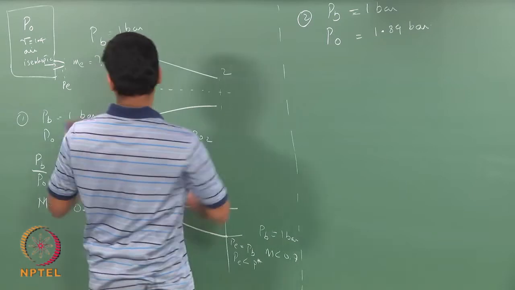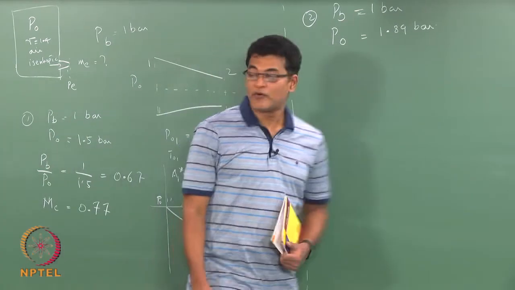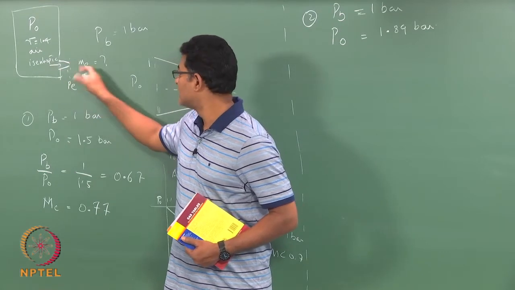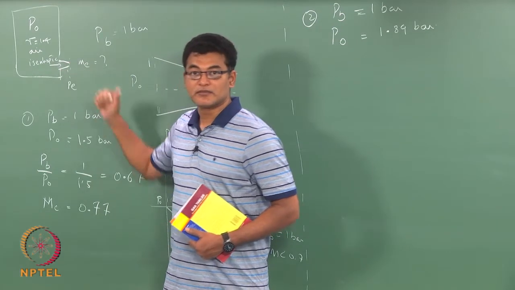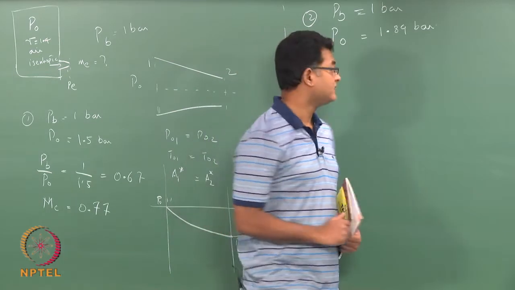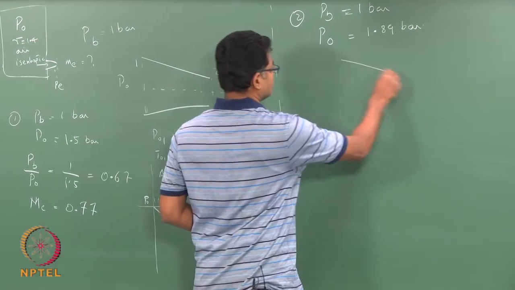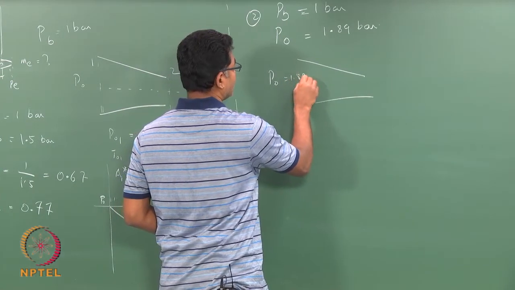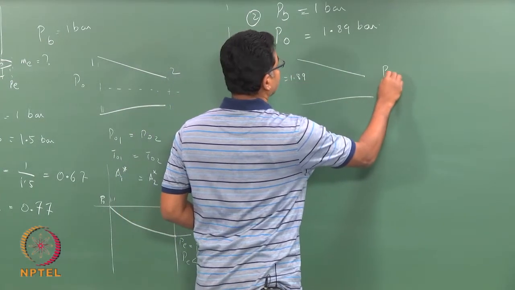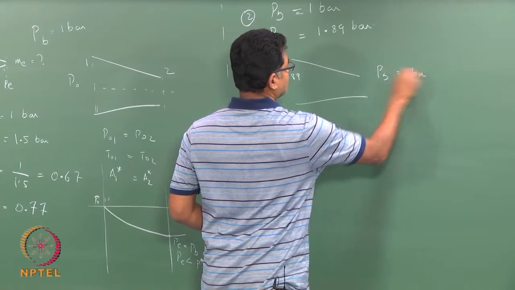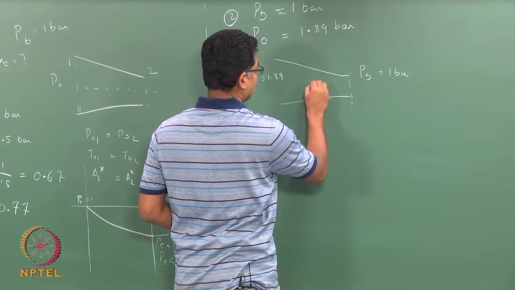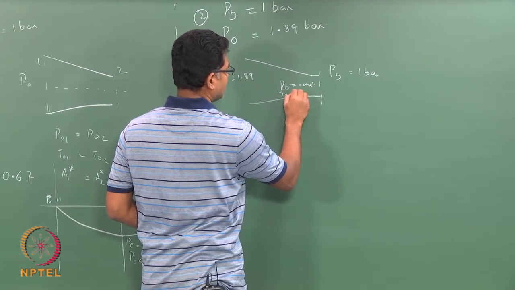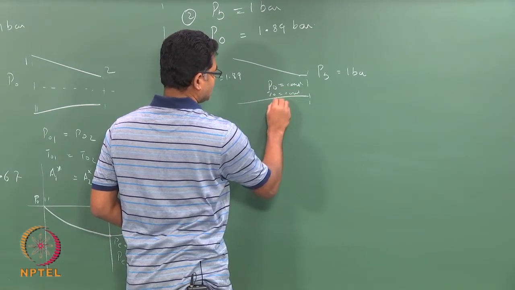I have a tank with gamma 1.4 air and the process is isentropic. I want to find the exit Mach number. P0 is 1.89, PB is 1 bar, isentropic flow. So, P0 is constant, T0 is constant, A star is constant.